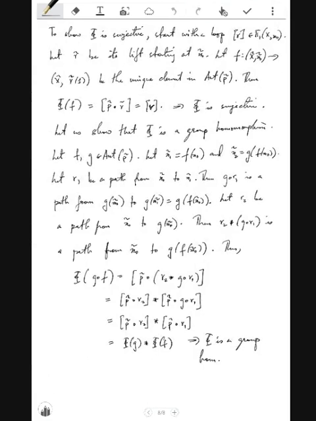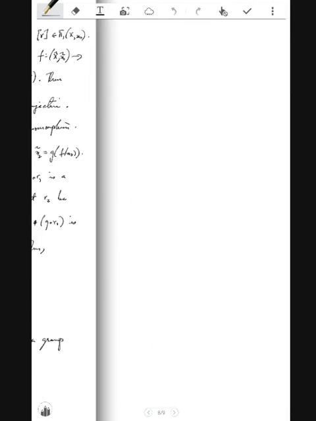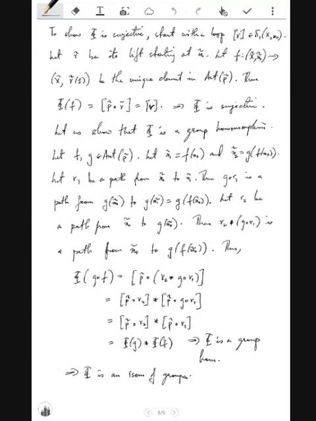So this implies that phi is an isomorphism of groups. So this completes the proof of the theorem.